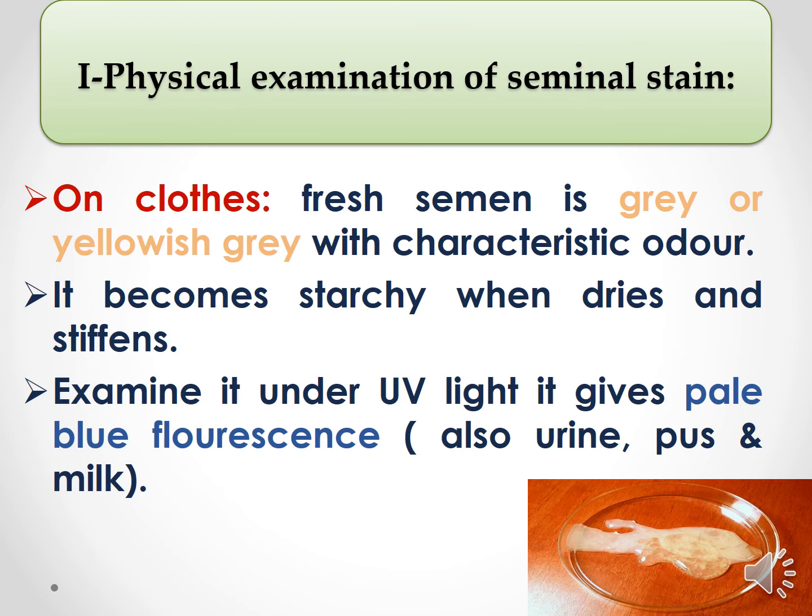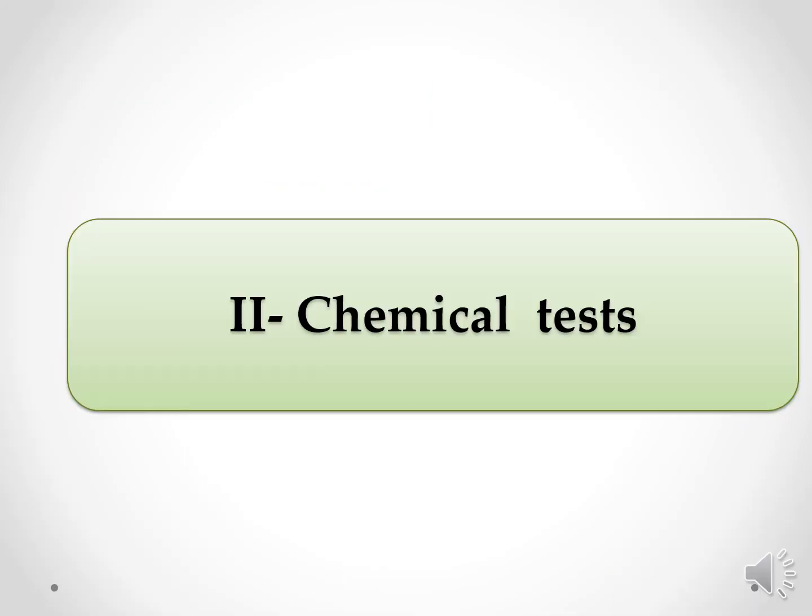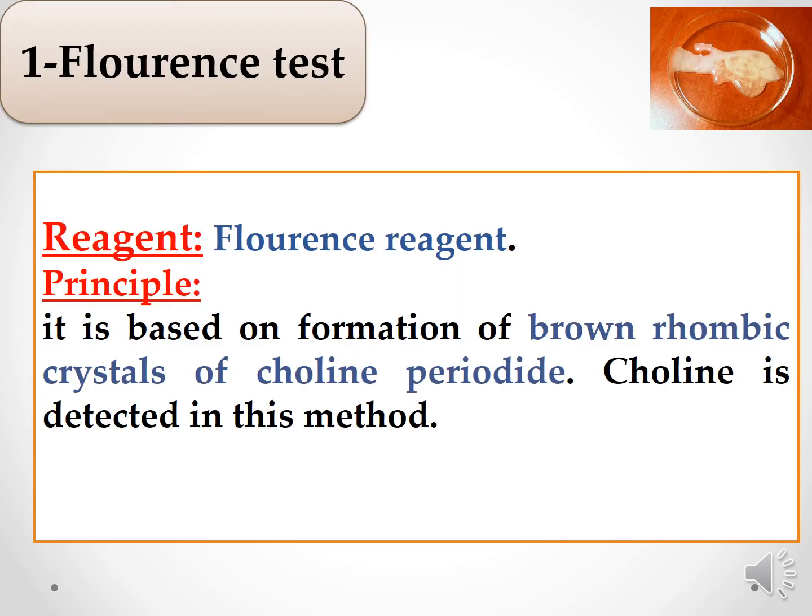Urine plus milk give the same result, pale blue fluorescence under ultraviolet light, as in this picture. Chemical tests: either Florence test or Barberio test.